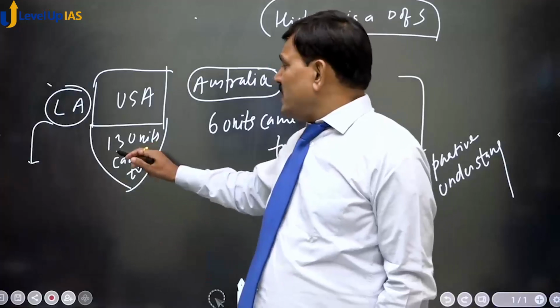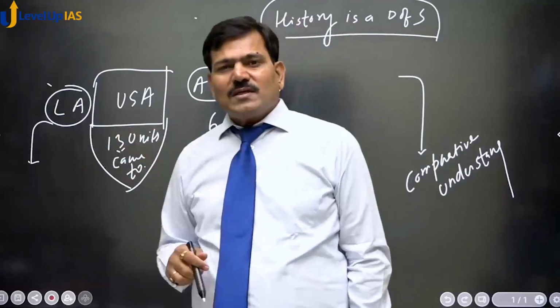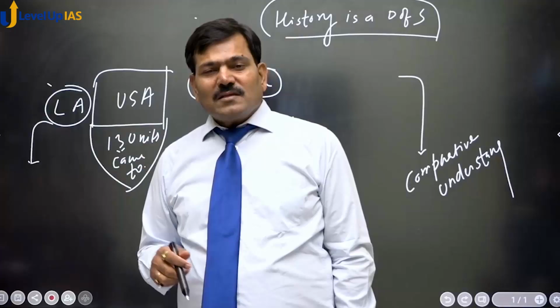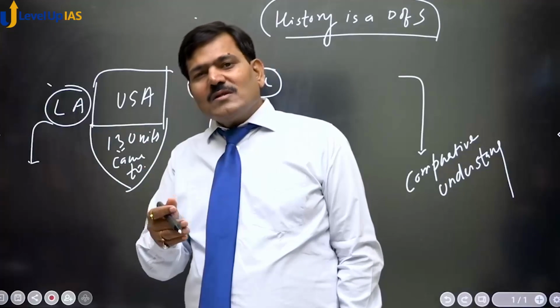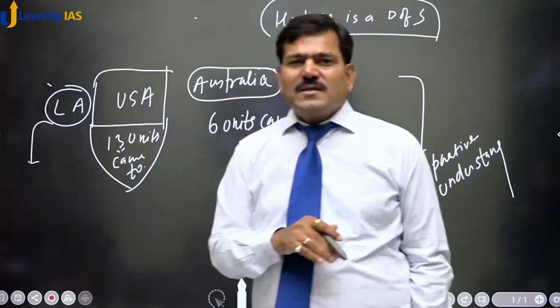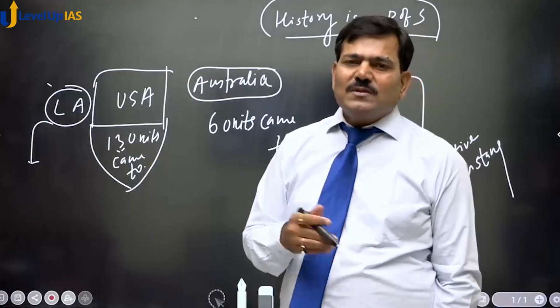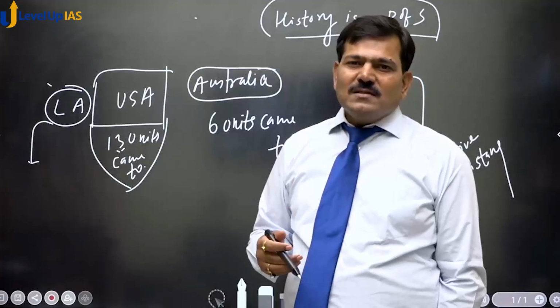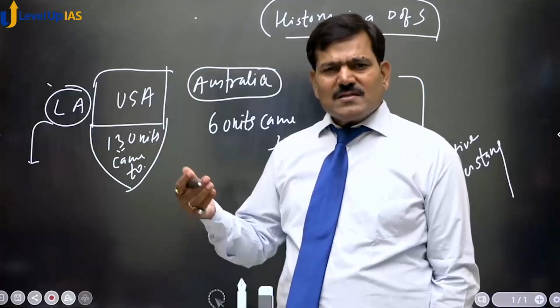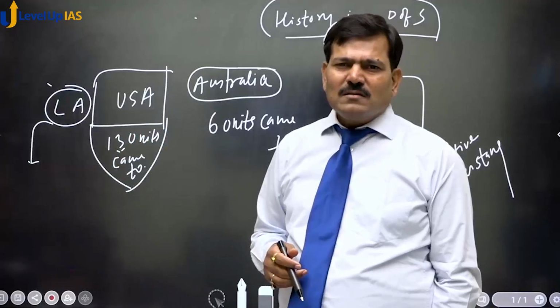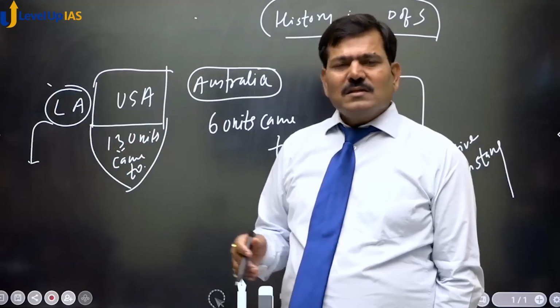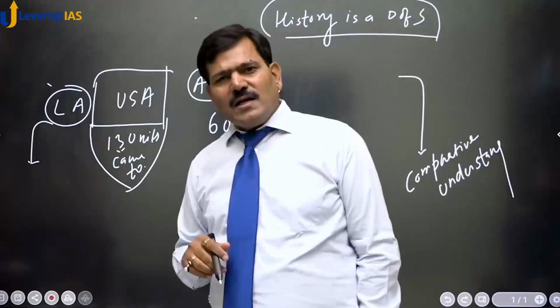And what happened in America? The 13 came together. How? Because they successfully dealt with the aspirations of the regions. That's why they came with a federal structure in which the center was having very little power. The same thing happened in Australia.